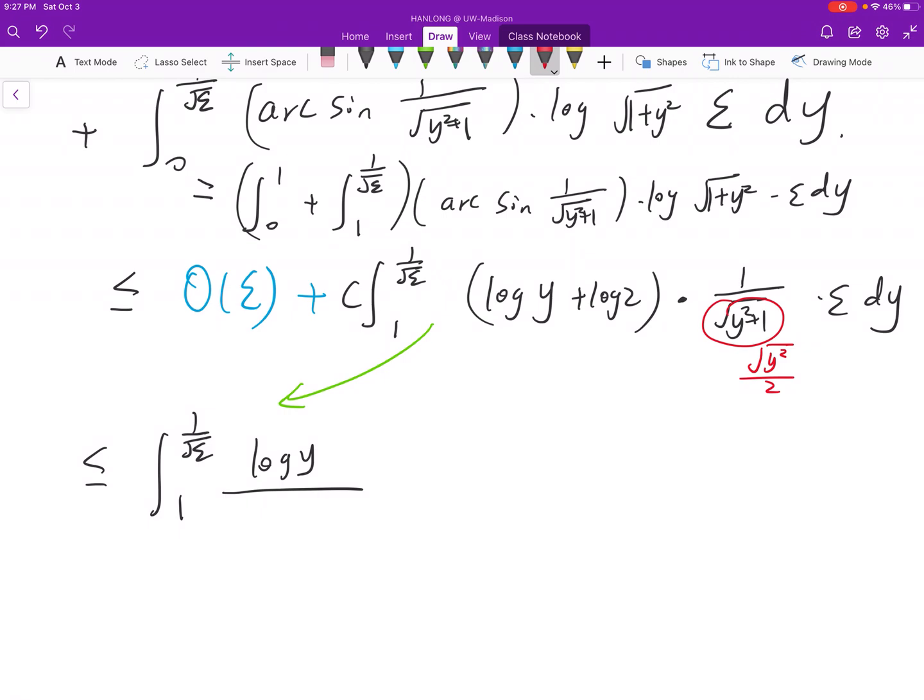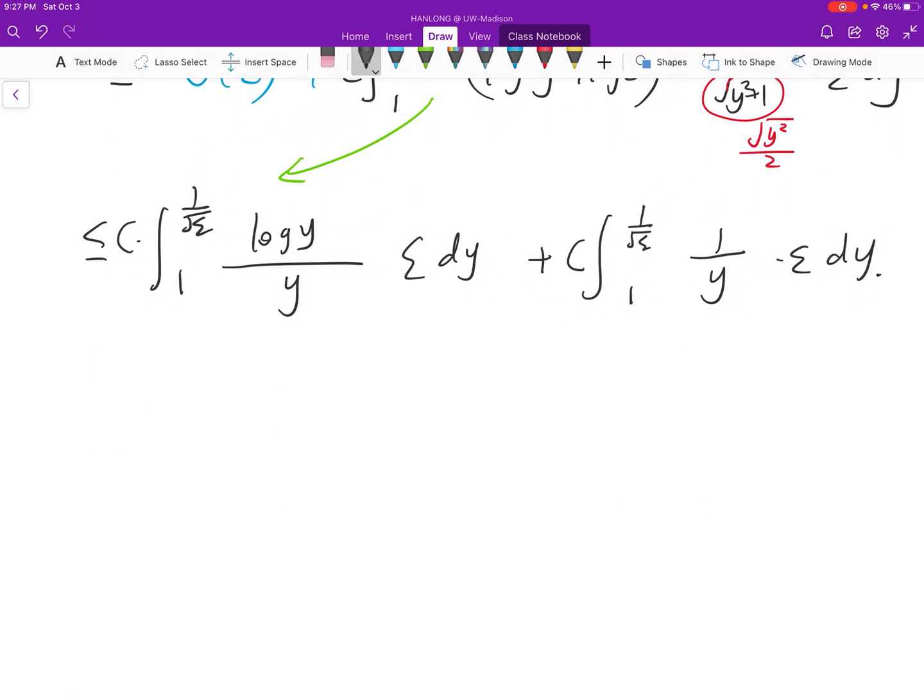So it's y times some constant and epsilon dy, plus the integral from 1 to 1 over square root epsilon times a constant times 1 over y times epsilon dy.